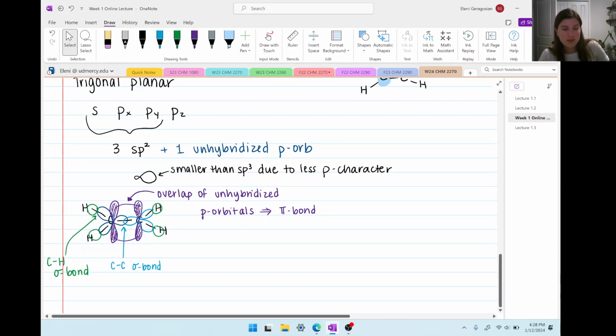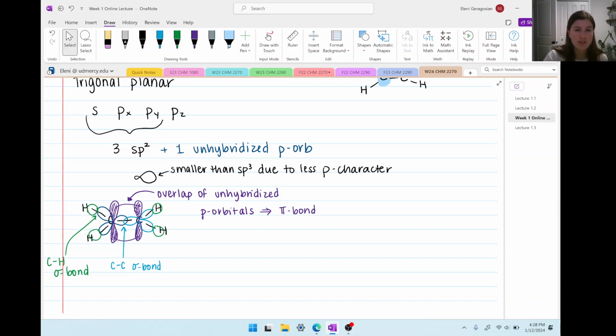So the green circles are, I'm sorry, the green circles are hydrogen 1s orbitals. The dark blue lobes are the sp2 orbitals for the carbon on the left. The light blue lobes are the sp2 orbitals for the carbon on the right, and then the purple orbitals are the unhybridized p orbital.